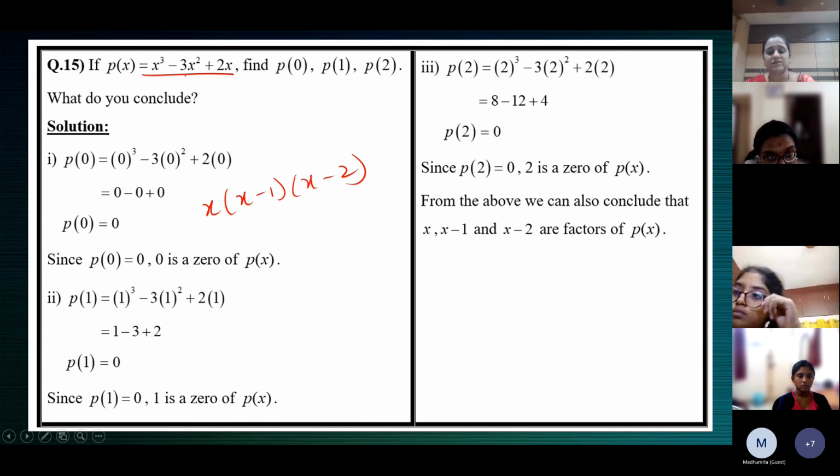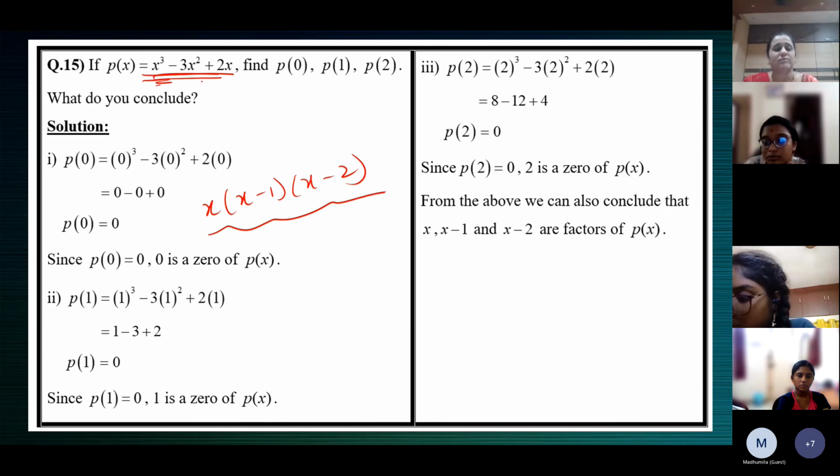If supposing there are 4 factors and you have only found 2 of them, when you multiply those 2 factors, you cannot get the polynomial. But here, this is a cubic polynomial, and you know it has a maximum of 3 zeros, 3 factors. And you have all the 3 factors. So the product of these 3 factors should give you this polynomial P of x.